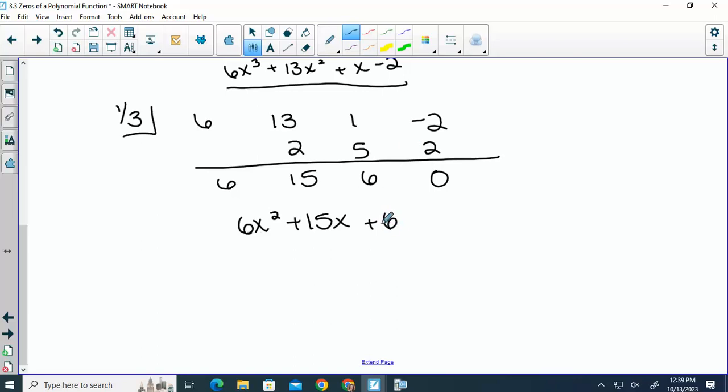Oh, yeah. What could we take out of this? 3. So if we do slip and slide, that 3 just kind of trails along.